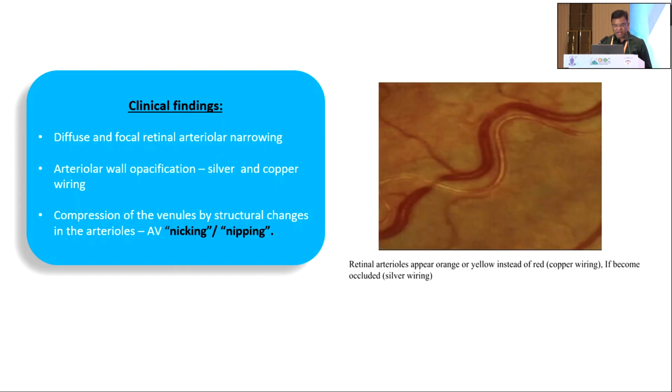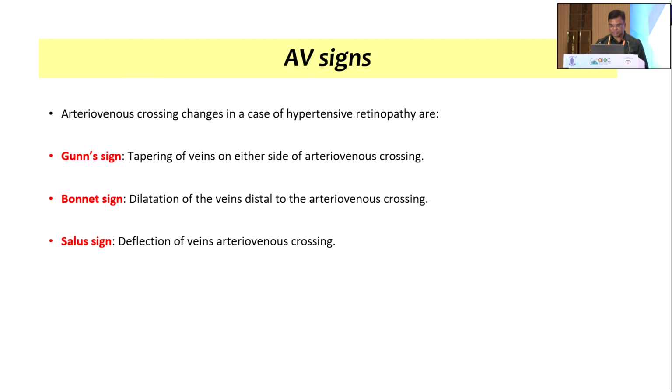The clinical findings include diffuse and focal retinal arterial narrowing, and arterial wall opacification, which leads to silver and copper wiring, and compression of the venules by structural changes in the arteriole, which is also known as AV nicking or nipping. The arteriovenous signs include the Gunn sign, which is the tapering of the veins, the Bonnet sign, that is the dilatation of the veins distal to the AV crossing, and the Salus sign, that is deflection of the vein.